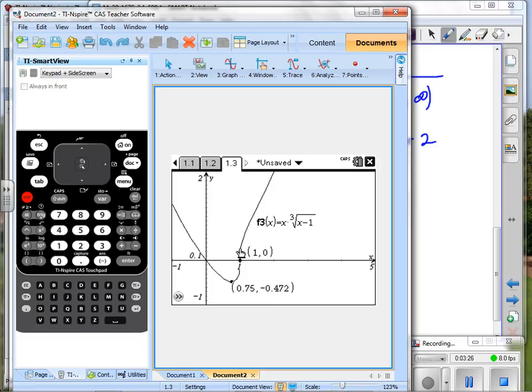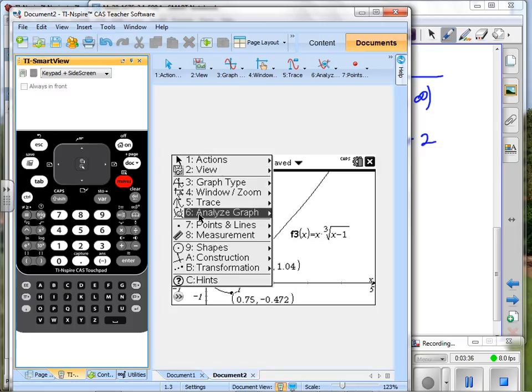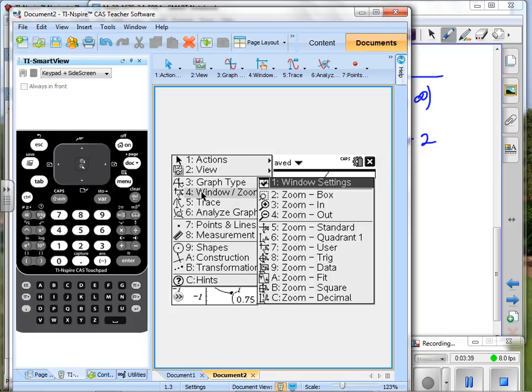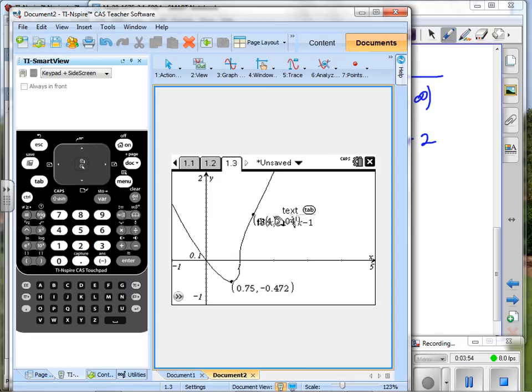And it's really not wanting to do it. There we go. Okay. What did I have that at? 2 or 3? Do you remember what I had the maximum at? We'll put it at 2.